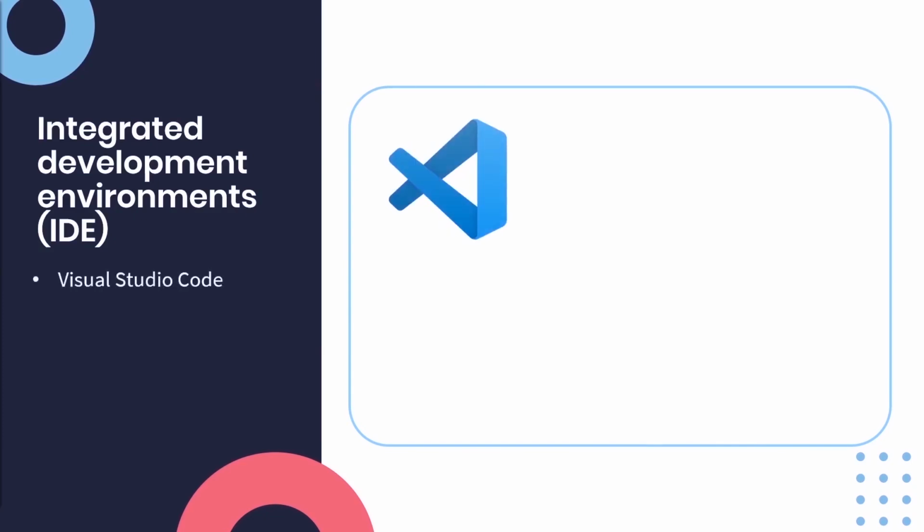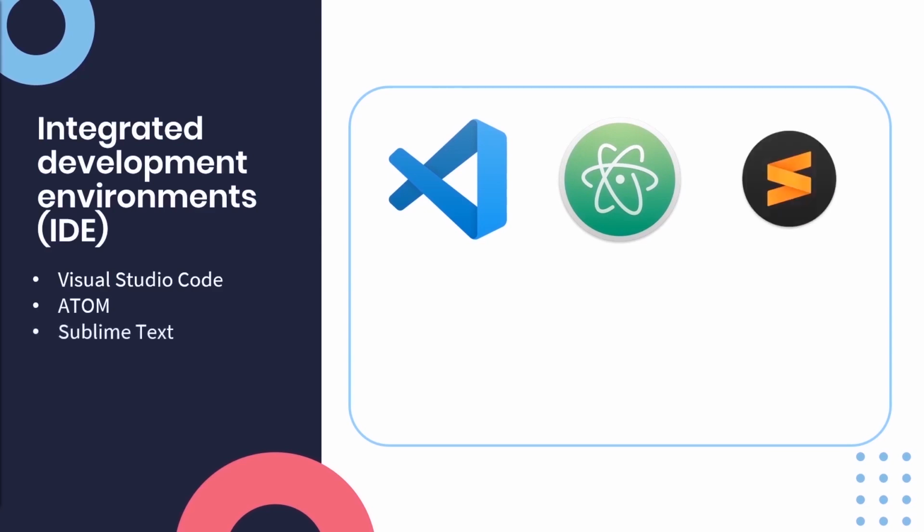First, we have a very popular one known as Visual Studio Code, and this was developed by Microsoft. We also have Atom, which is my personal favorite and the one we will be using moving forward. Then we have Sublime Text, or Sublime Text 3 is the latest iteration of this IDE. And again, I will be perusing through each of them with you so that you can get a feel for which one you might prefer, okay?